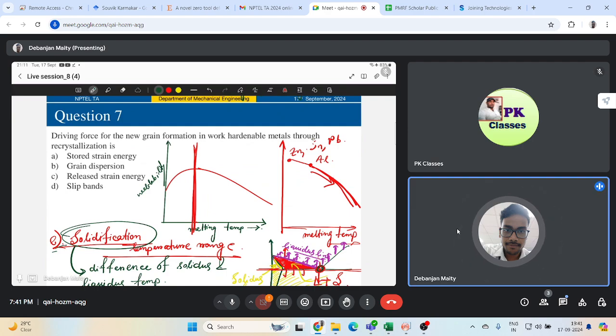So what do you need for recrystallization? You need some strain energy. The more you deform the metal, the more strain energy will be stored, by creating subgrain formation and by breaking those grains. That will increase your stored energy, and that will drive the tendency to recrystallize.